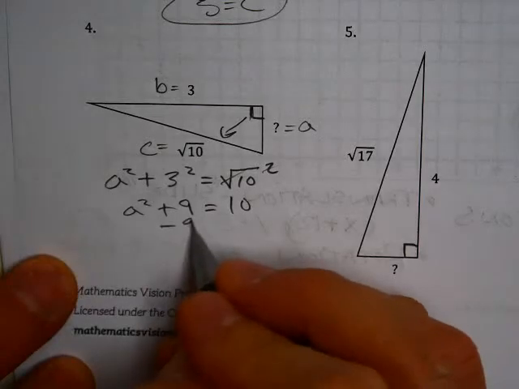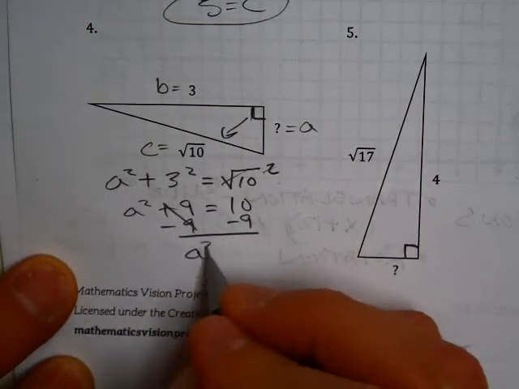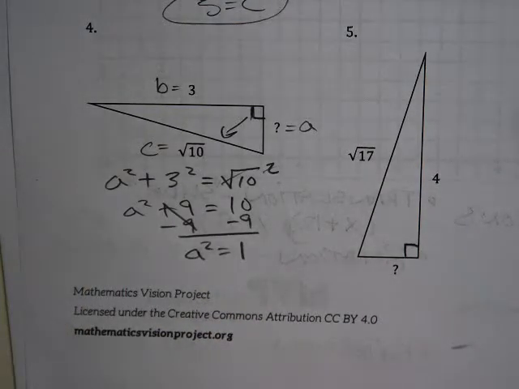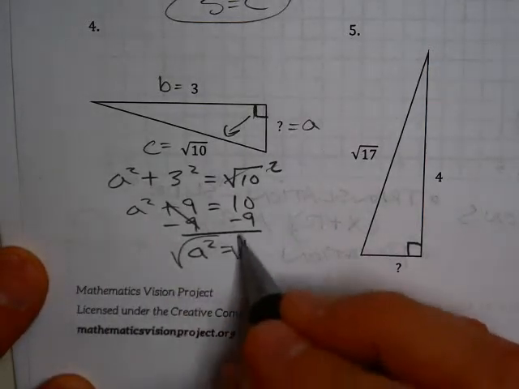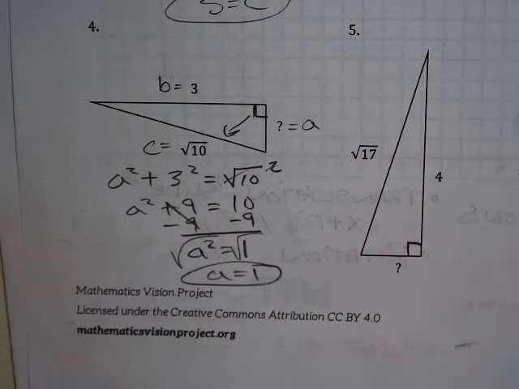So I'm going to subtract 9 from both sides. So I get A squared equals 1. And if I take the square root of 1, what do I get? That's right, 1. If you're not sure, put it in the calculator. All right, that's a lot of new stuff. Give it a go.